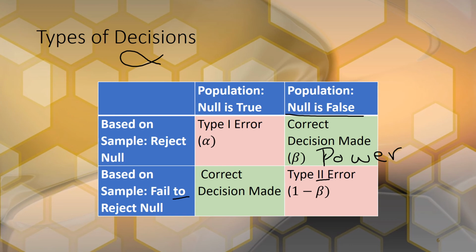But say our alpha is decreased. That means that our power, beta, will also decrease. So if we go from 0.10 to 0.05, we have less power.